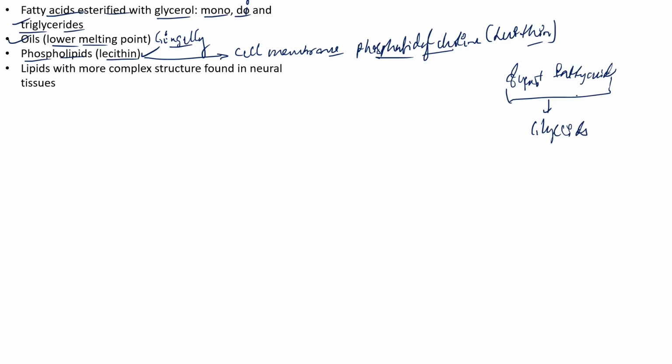If it is a single fatty acid, it is called a monoglyceride. If it is made up of 2 fatty acid chains, then it is called a diglyceride. So along with the glycerides, that is the fatty acid plus glycerol, if I attach a phosphate molecule, the ultimate result that you are going to get is the phospholipids.